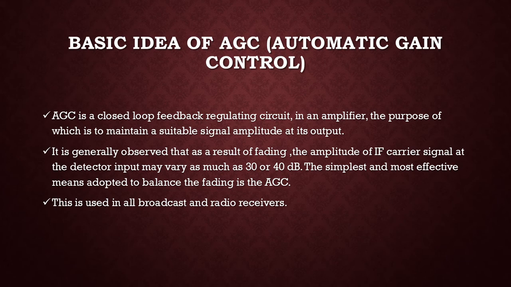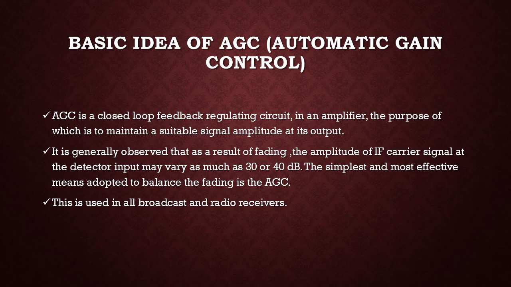Now the next part, basic idea of AGC, that is automatic gain control. It is generally observed that as a result of fading, the amplitude of the IF carrier signal at the detector input may vary 30 or 40 dB. At a carrier minimum, the loudspeaker output becomes inaudible and mixed in noise.